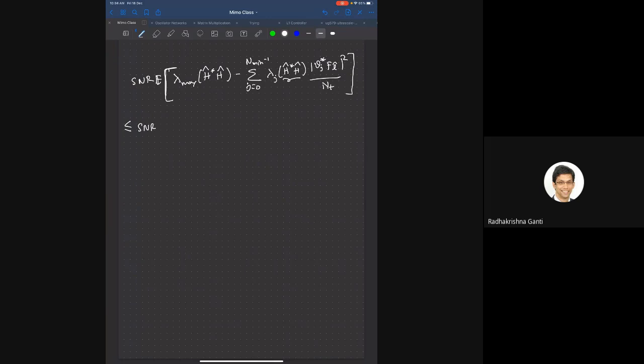So this is less than SNR times expected value of lambda max minus lambda max times the norm of V max Hermitian F hat squared. This is a scalar, sorry. Is this fine?